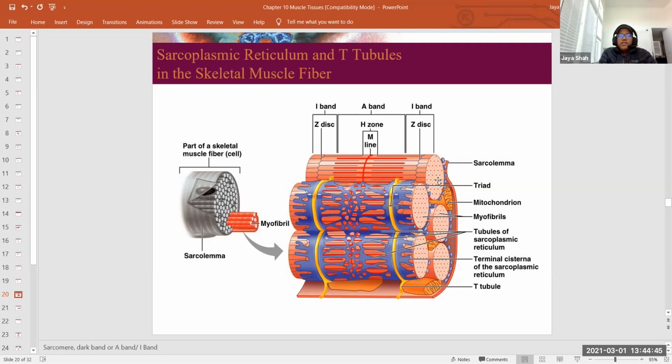So this is the sarcomere from Z disc to Z disc, and the sarcomere is the structural and functional unit of the skeletal muscles.